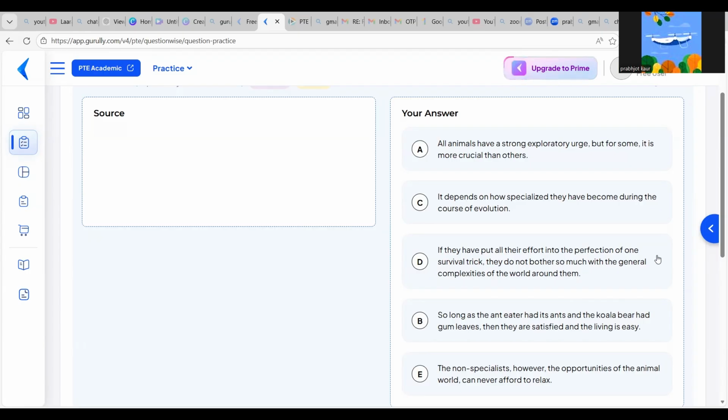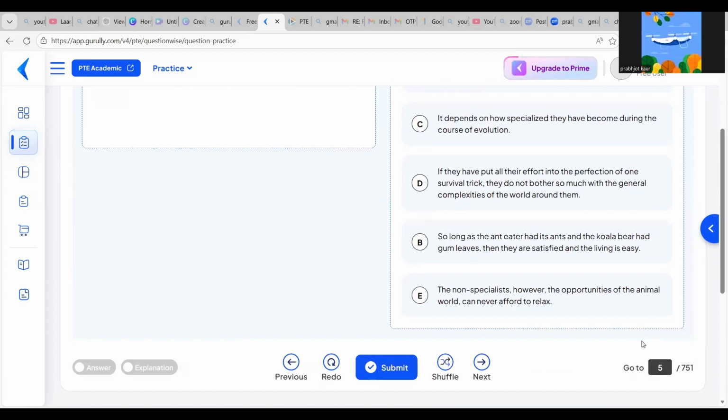So there is an effort to a survival trick. Here is the written survival trick: gum leaves, satisfied, living is easy. So the non-specialist, however, in the animal world, they never afford to relax.